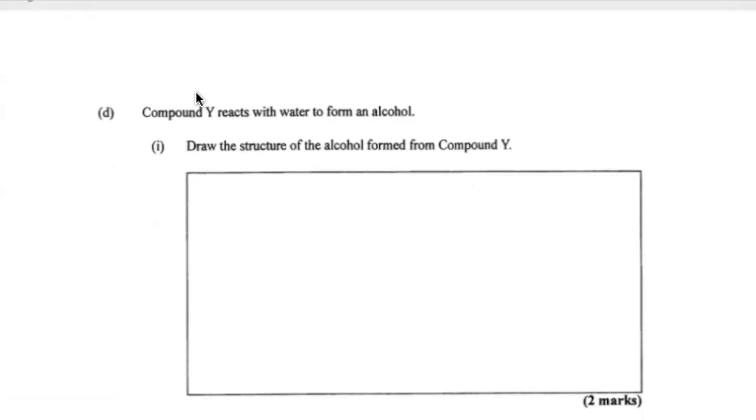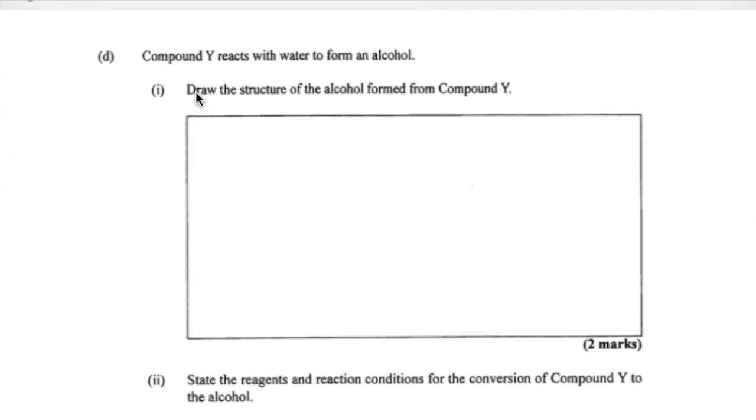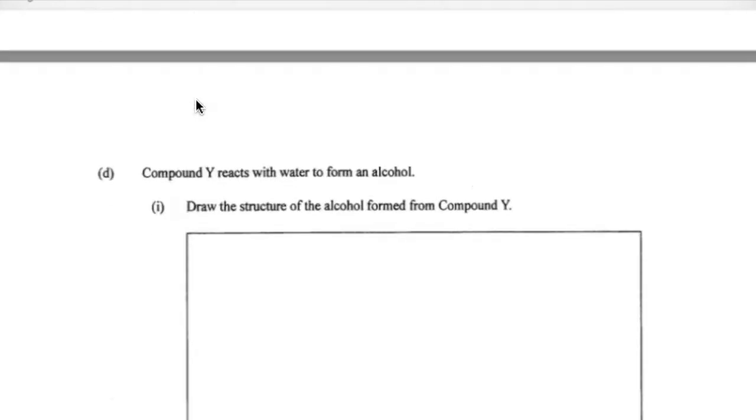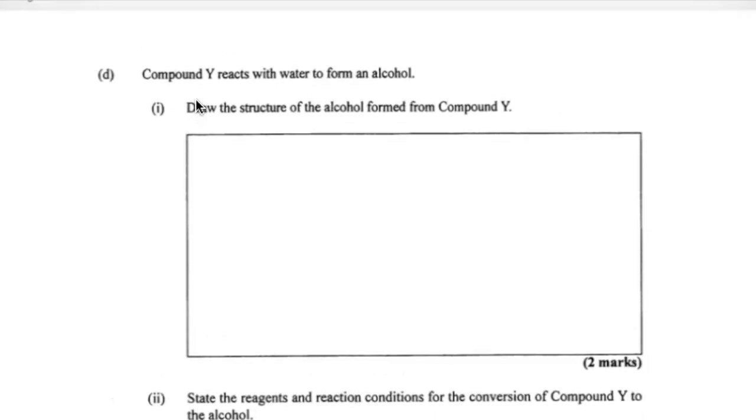Compound Y reacts with water to form an alcohol. And we said compound Y just now was propene. Was it? Yes, compound Y is propene. It reacts with water to form an alcohol. They want the structure of the alcohol.